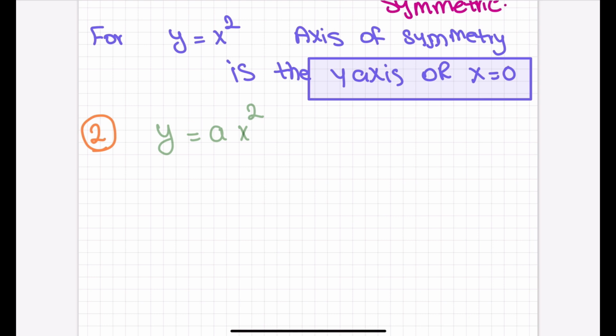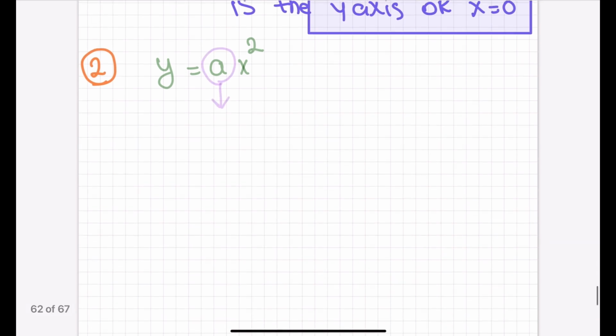But what does a do in here? Let me just write it down for you. So what does a do? A changes how wide or narrow your graph is, or if your graph opens up or opens down.